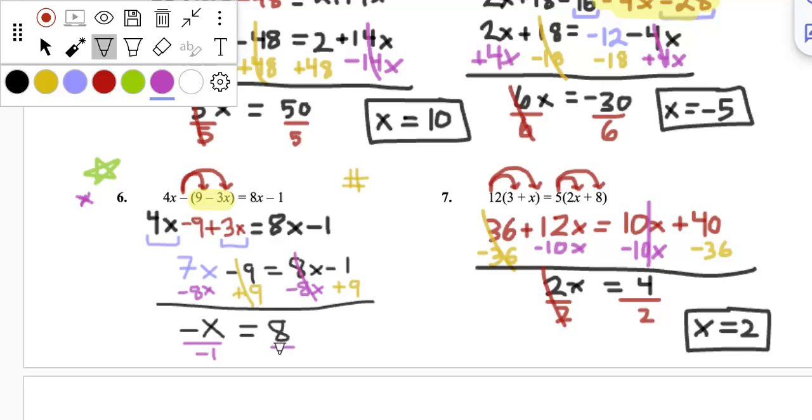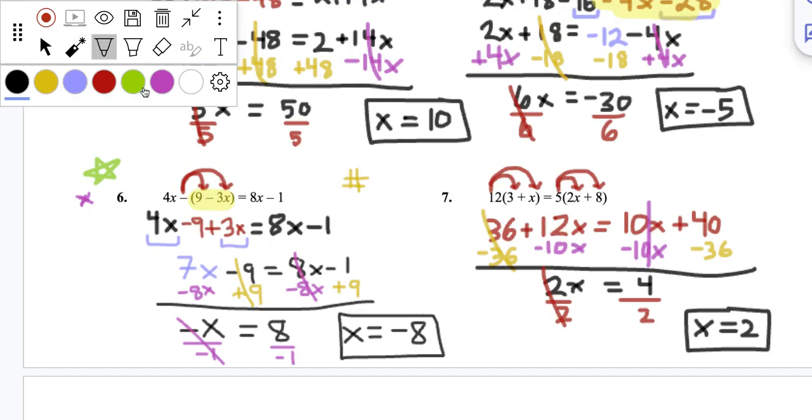Negative 1 is just our unit number, so if we divide by it, nothing really happens except if it's negative, the switch happens. Negative negative becomes positive. And what's a positive negative? Yeah, 8 divided by negative 1 happens to be negative 8. And that is our final answer.